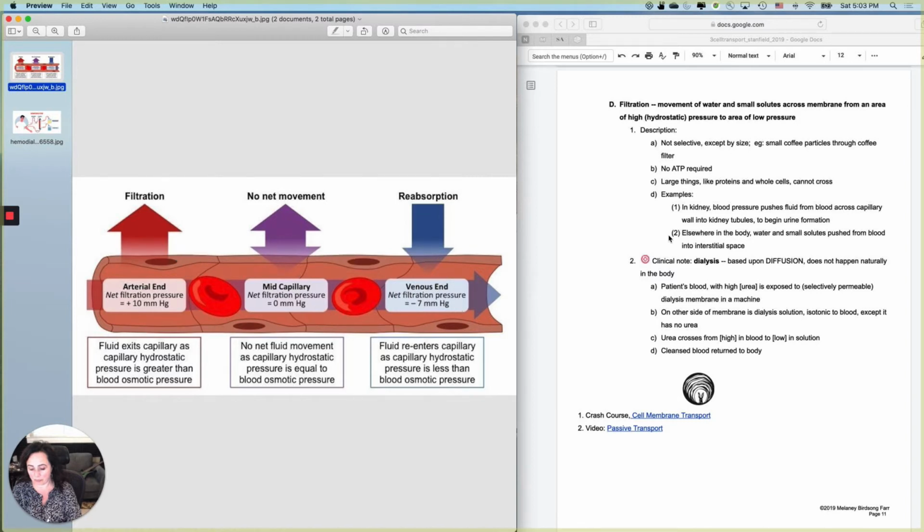Okay, but every capillary in the body also does it. So kidneys are going to really effectively do filtration of the bloodstream. But if your kidneys fail you, you're going to have to do a process called dialysis. So let me tell you a little bit about what your kidneys should be doing and then show you what happens when dialysis is the thing that you have to depend on.